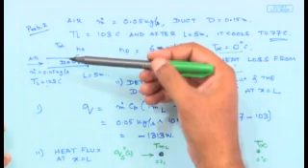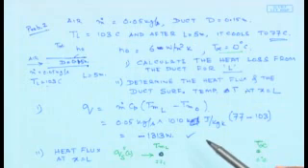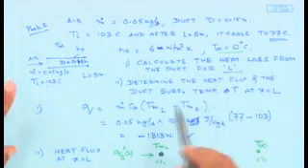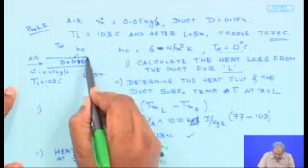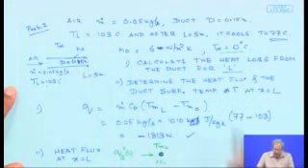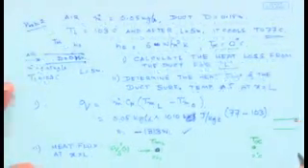In order to go from 77 to outside, it encounters three resistances. The first is at the inner surface of the tube.